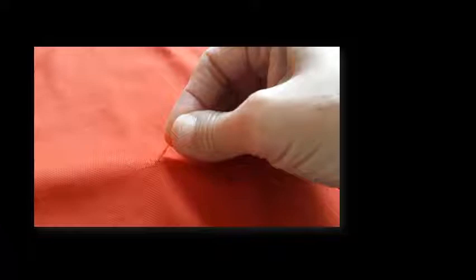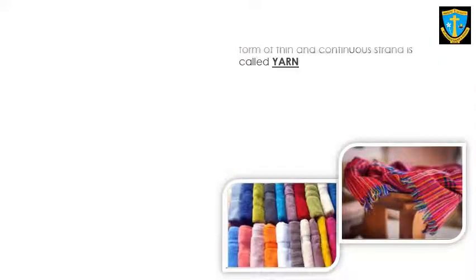Have you noticed this thing on your t-shirt sometimes? The thread is pulled out. Why? How? A material which is available in the form of thin and continuous strand is called a yarn. So the thin thread in your t-shirt which is pulled out is called the yarn.